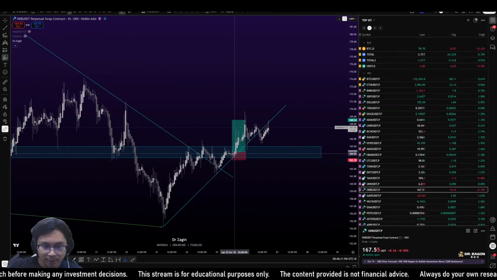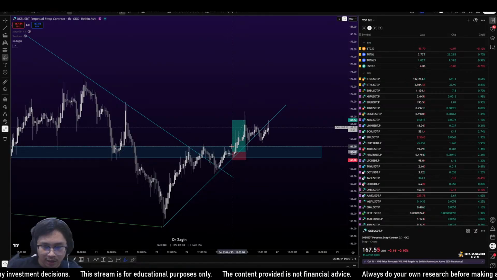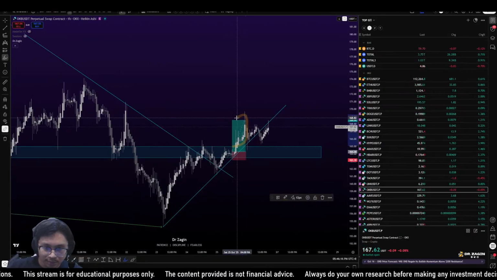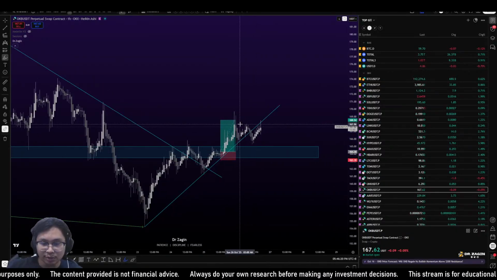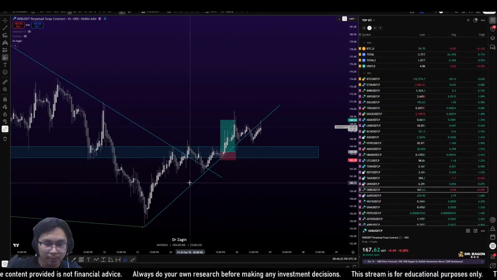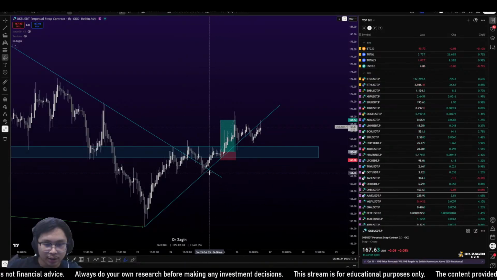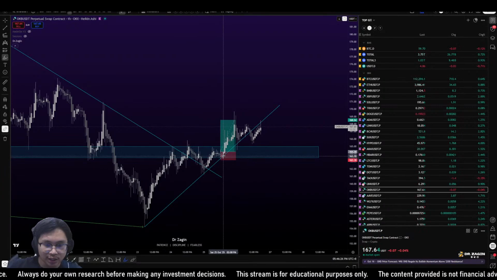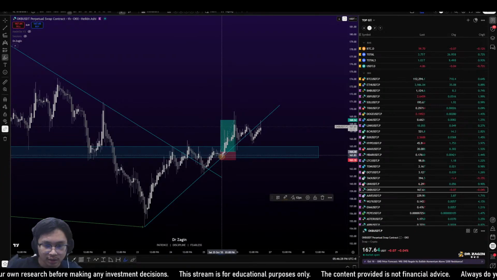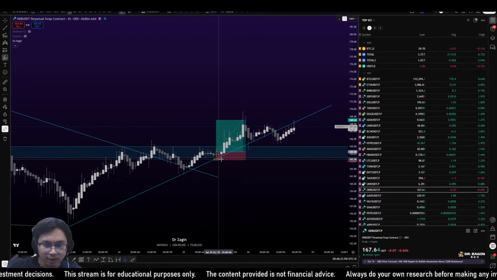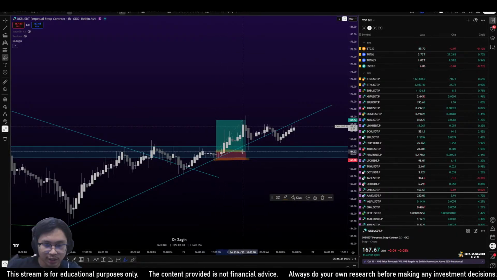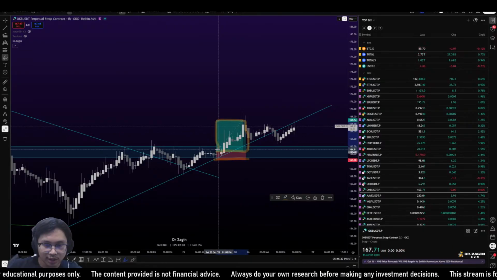Basically, if this breaks up, there will be volume, which in fact there was. It played out, but I entered on the other touch here. SL here, entry here, take profit here.